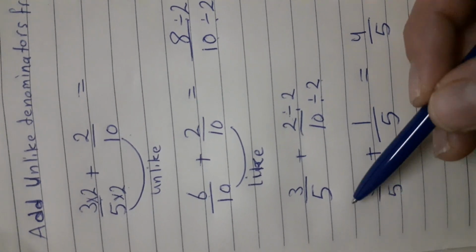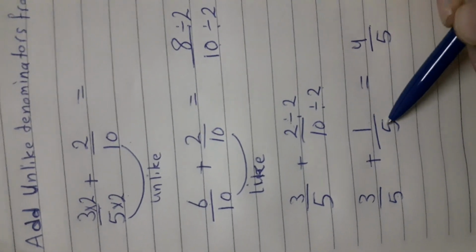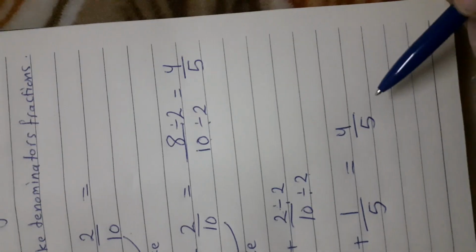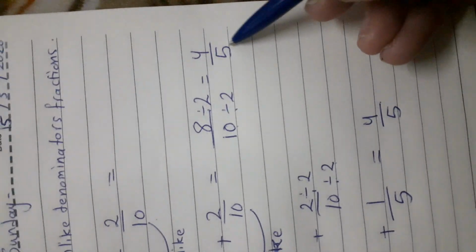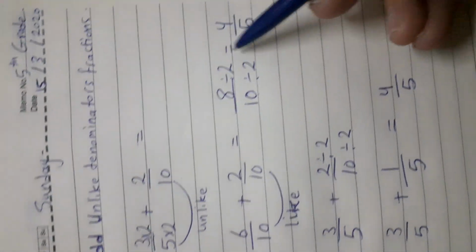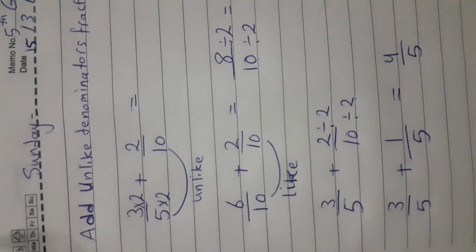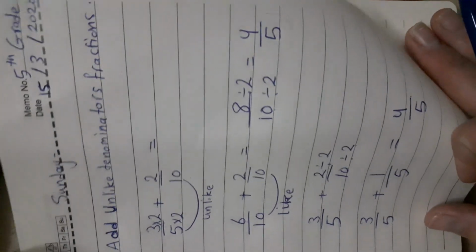Now we can add the numerators. 3 plus 1 is 4 and keep the denominator fixed, and it's 5. So we get eventually the same answer no matter the way you use to make the denominators like. Okay, let's try another example.